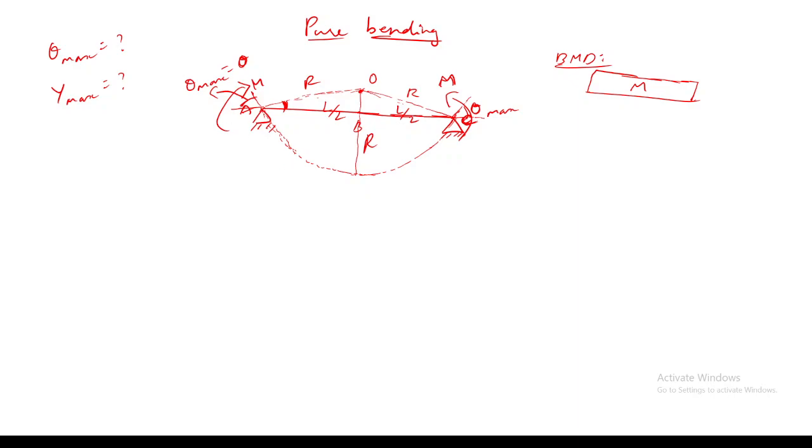See, for example, this is the curve, and this is its radius. So when I draw a tangent, what will be this total degree value? 90. And what is this angle alone? Theta max.